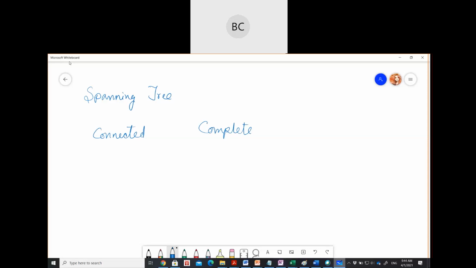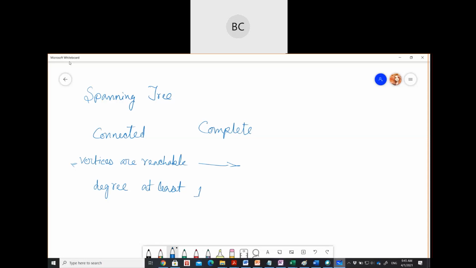Okay, that means all vertices are reachable in both cases. Then all vertices in both graphs have a degree of at least one. Then both types are made of exactly one part. Okay, then what are the differences?